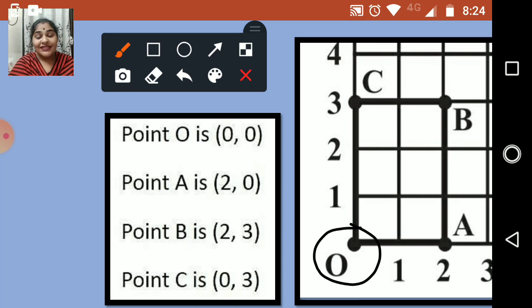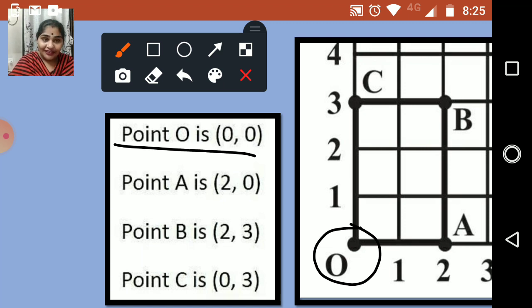This point is known as the origin point, and the coordinates for the origin point is always 0, 0. That is 0 on x-axis and 0 on y-axis, children. So always remember the coordinates of origin is 0, 0. So you will write point O is 0, 0.